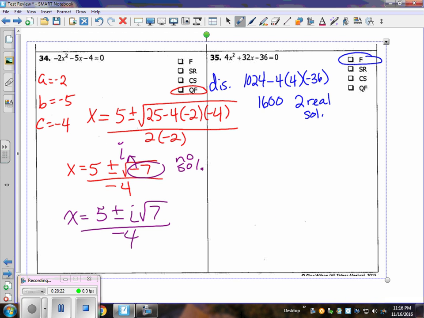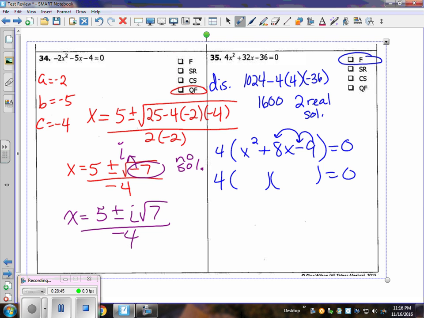We're going to go ahead and factor. Well, you can see we can take a 4 out of this. So we've got x squared plus 8x minus 9. Go ahead and factor now. So factors of 9, that will subtract to give 8.